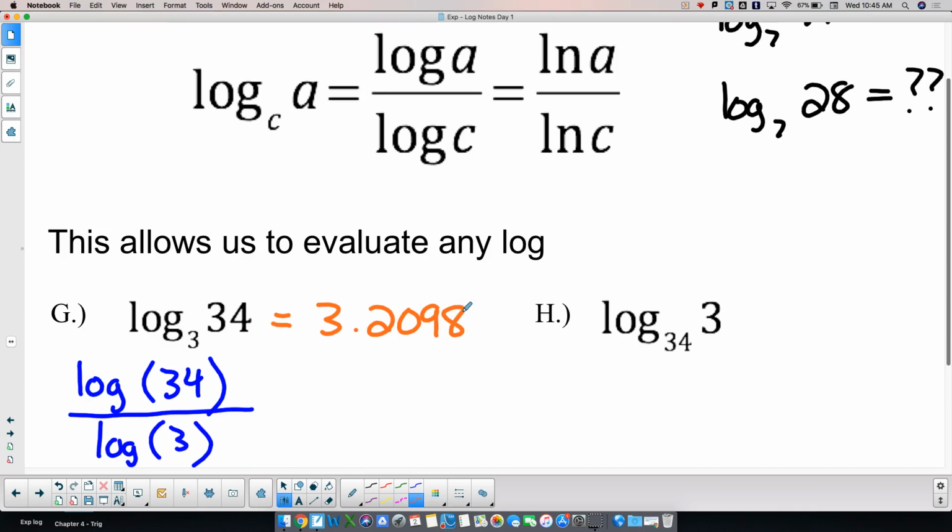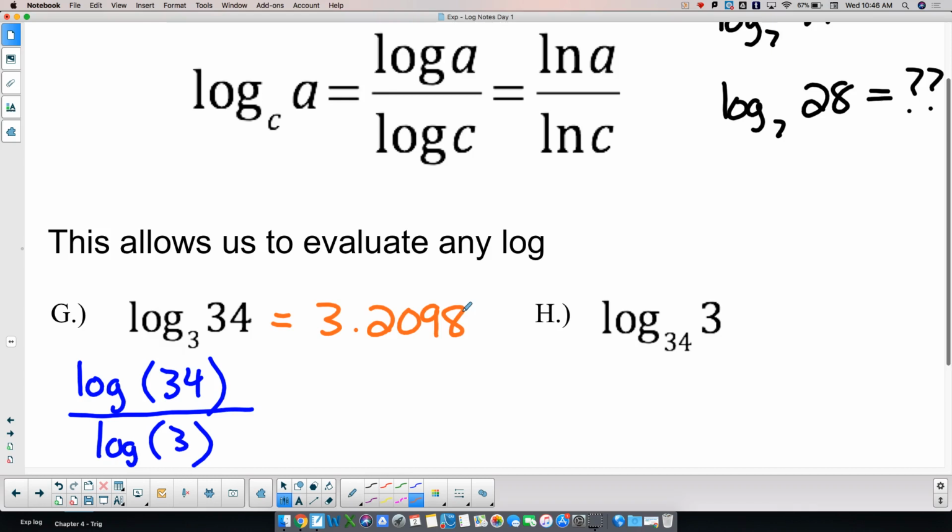If you don't have that on your calculator right now, let me know, and I'll see what you did wrong. Yours might be a little different. Yours is a Casio, so you're going to go 34 log divided by 3 log equals, because you can't see what you're typing in.